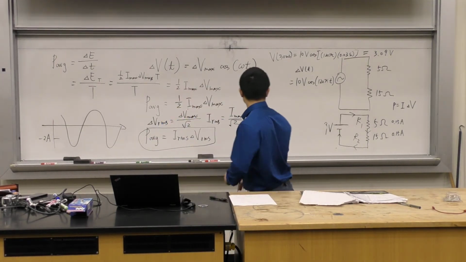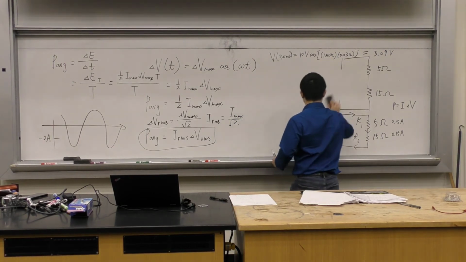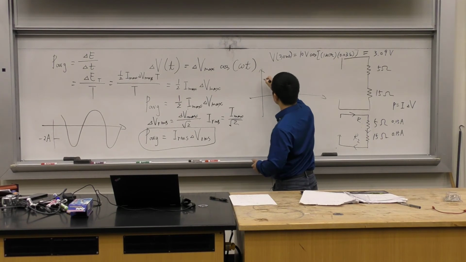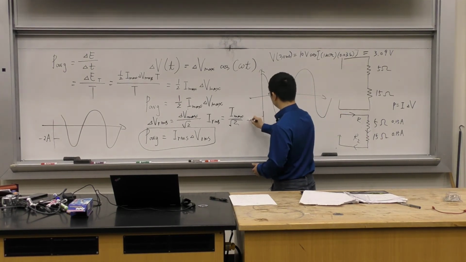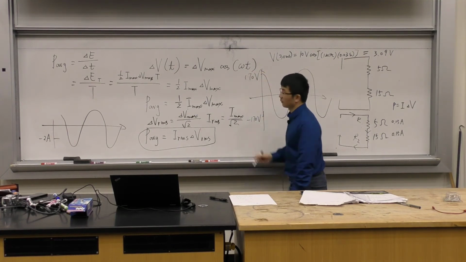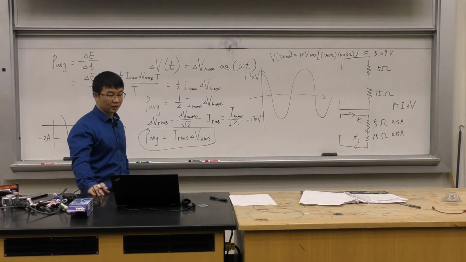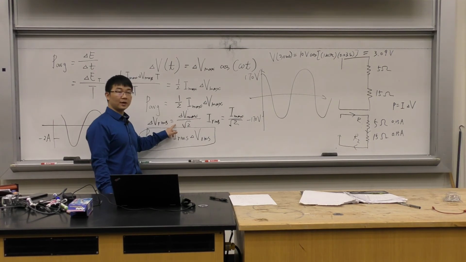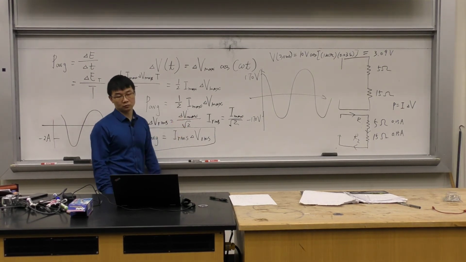So actually the voltage you get from all these wall outlets in this country, they will be like this, right? They will vary between negative 170 to 170, right? But we still say that the voltage we get from this wall outlet is 120 because we mean the RMS value. RMS value is Vmax divided by square root of 2, right?